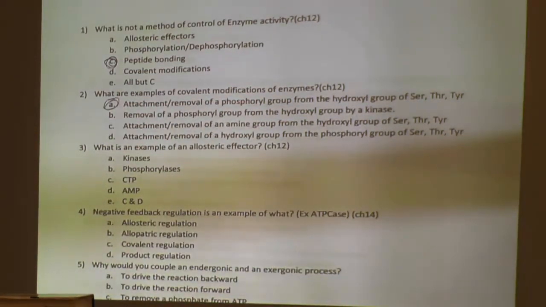And what is an example of an allosteric effector? Okay, A is 1. Or wait, no. A is not 1? Yeah, A is not 1.